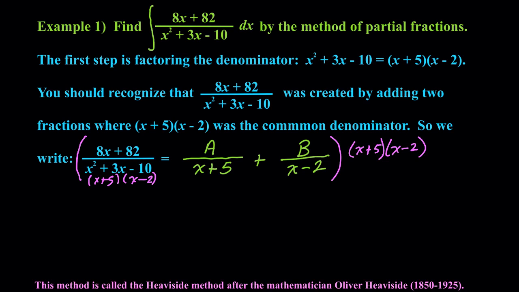When you multiply, your denominator will cancel out completely, which will leave you with 8x plus 82 equals, and then on this next fraction, the x plus 5 will cancel with the x plus 5, so you will end up with a multiplied by x minus 2. And then when you multiply this fraction by this, your x minus 2's will cancel, leaving you with b times x plus 5.